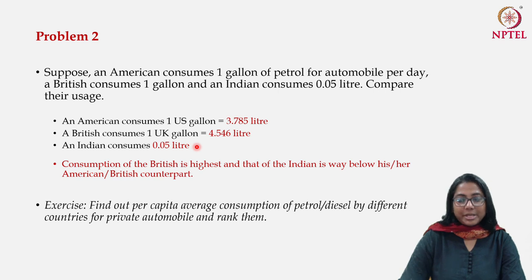Another exercise based on this that you can carry out is that you find out the average per capita petrol consumption or diesel consumption for different countries that they are using for the private automobile.